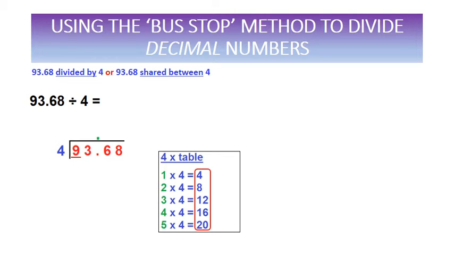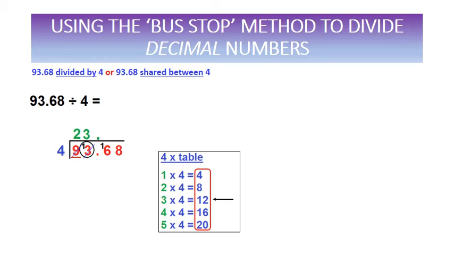So how many 4s make 9? The closest I can get is 8, which is 2 4s. So there's 1 left over, which we pass across. How many 4s make 13? The closest I can get is 12, which is 3 4s. Again, there's 1 left over, so I cross off the 13. And just as I've shown in the previous slide, we simply pass the 1 across to there.